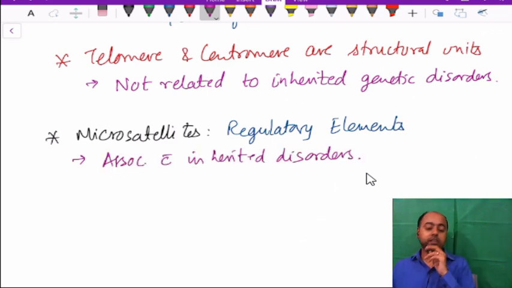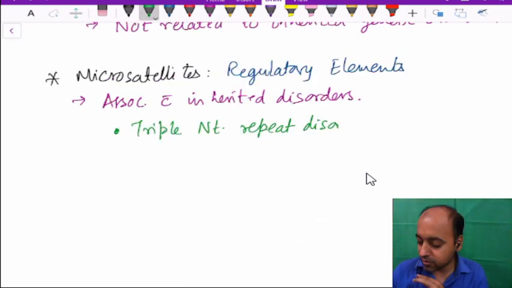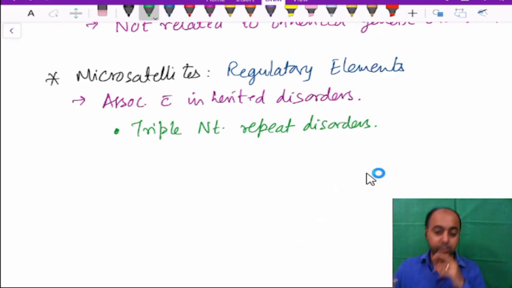I had given you the example that they may be the triple nucleotide repeat, and therefore they are frequently associated with the triple nucleotide repeat disorders. You will discuss a list of these disorders when we are doing genetics in pathology, where they will talk about a large number of triple nucleotide repeat disorders. Huntington's chorea, Fragile X syndrome, all of these are examples of the triple nucleotide repeat disorders.